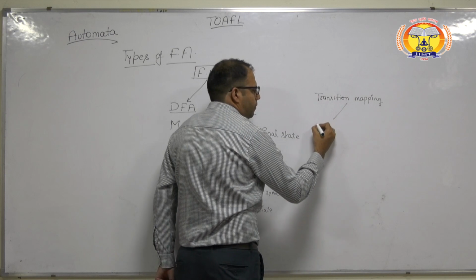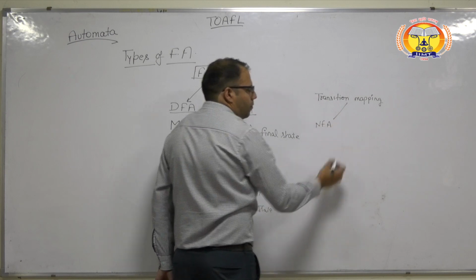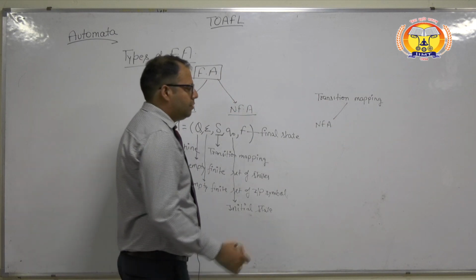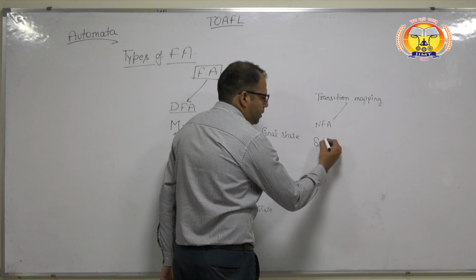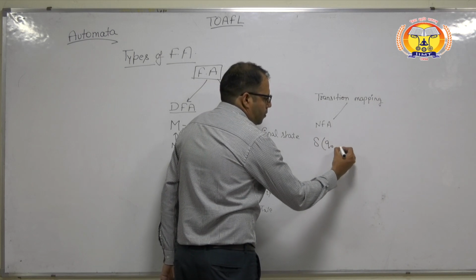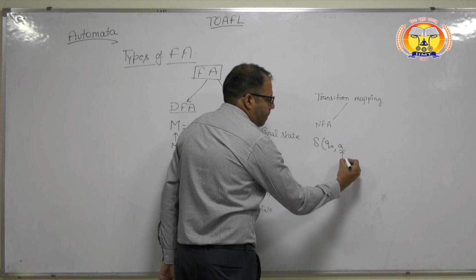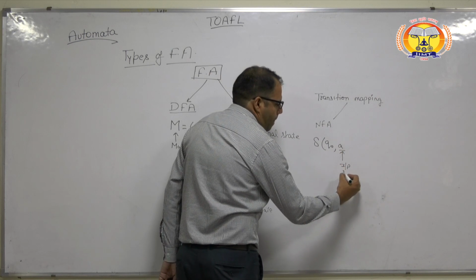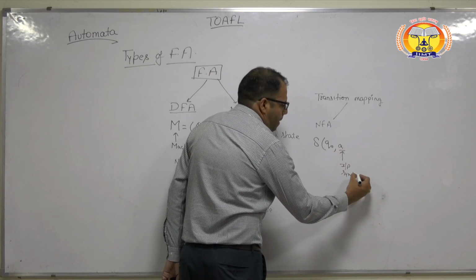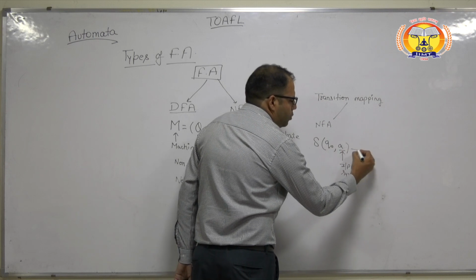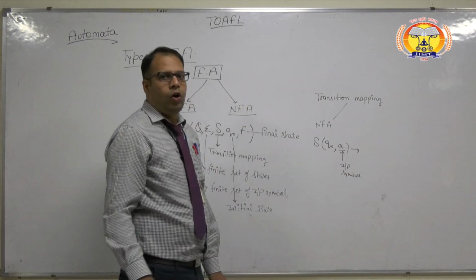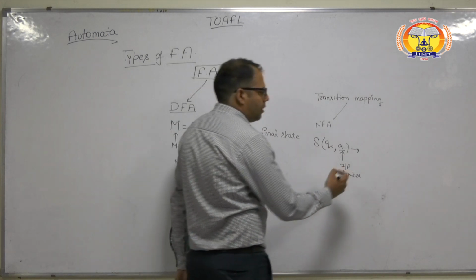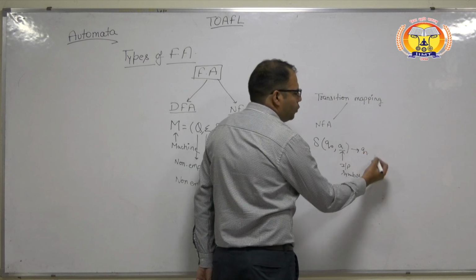For NFA, when we take a set of symbols as input symbol, we produce an output in the form of the next state, like Q1, Q2.